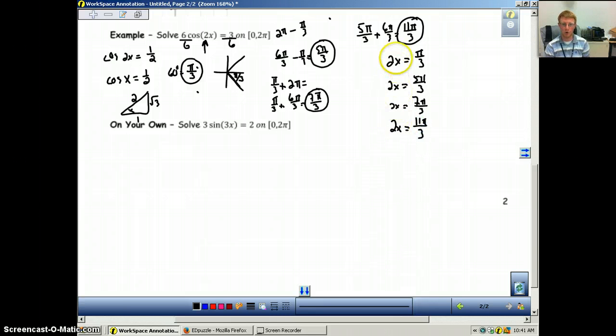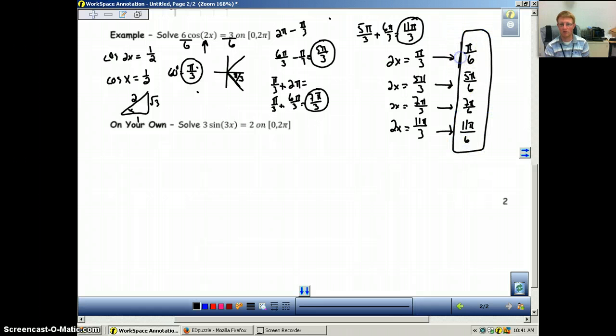You're just solving each one of these equations to figure out what x would actually have to equal for the angle to be what they are. So we divide both sides by 2 in every one of these, and we just end up with pi over 6, 5 pi over 6, 7 pi over 6, and 11 pi over 6. So these are the 4 values of x that we want here.